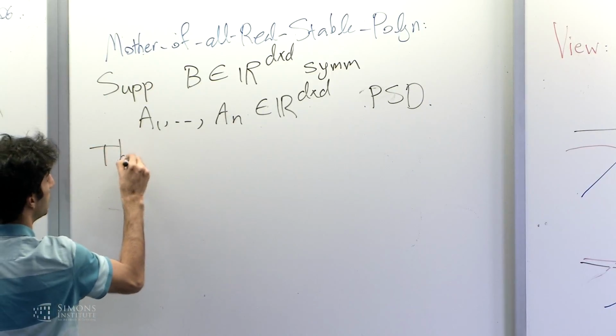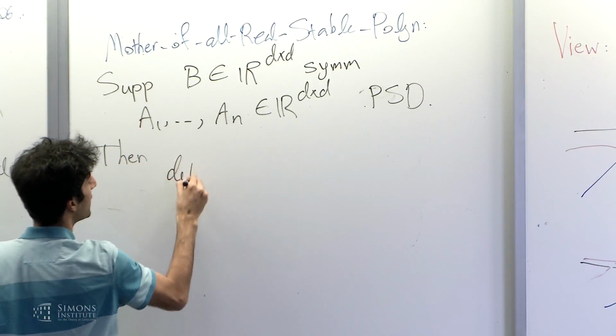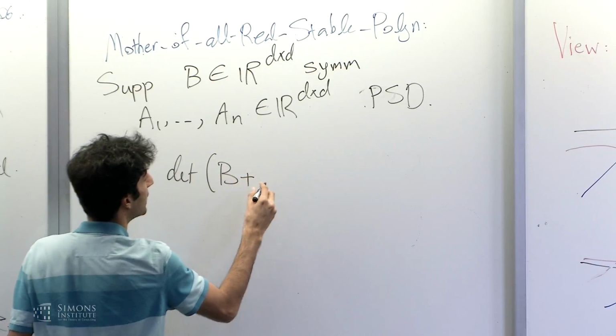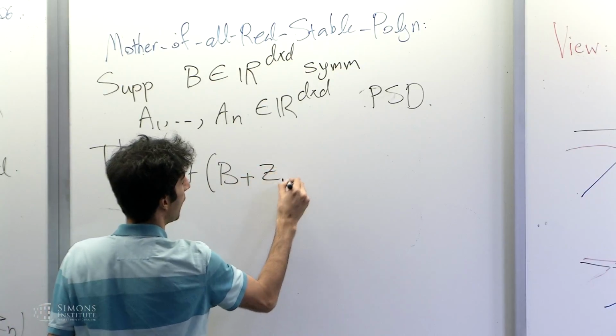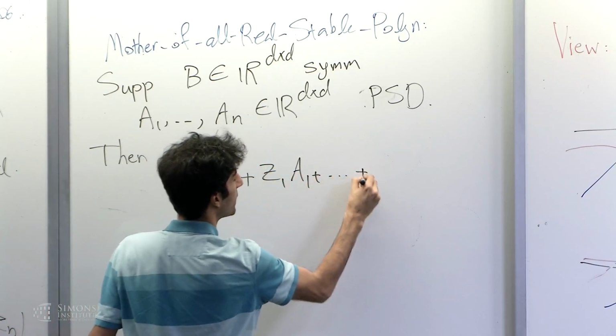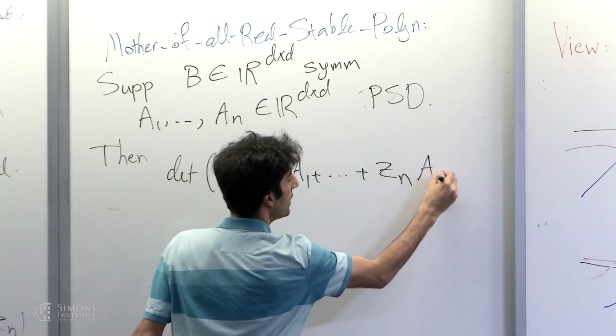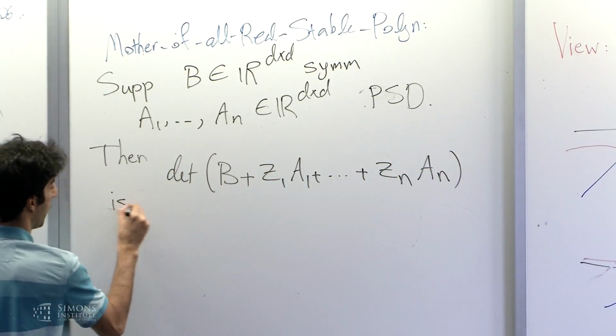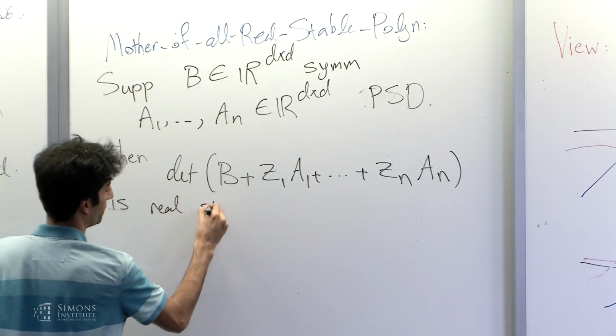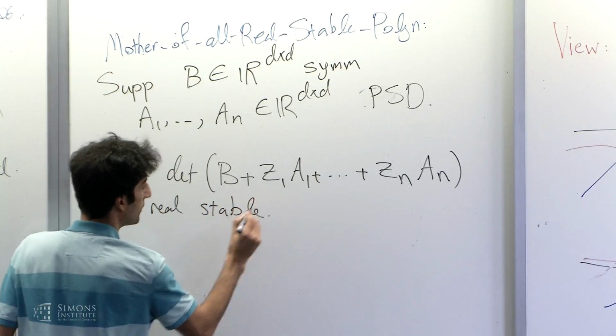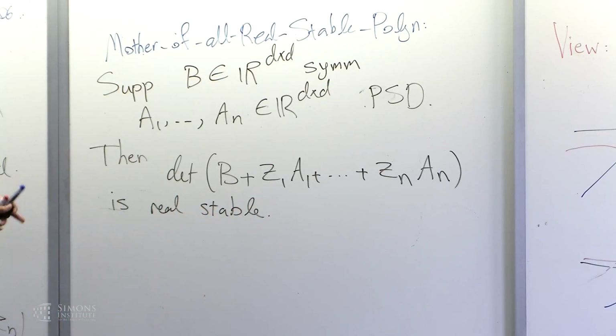Then the polynomial determinant of B plus Z1 A1 plus dot dot dot plus Zn An is real stable. So today we'll see a lot of examples where we start from such a polynomial and derive some other polynomials which are real stable.